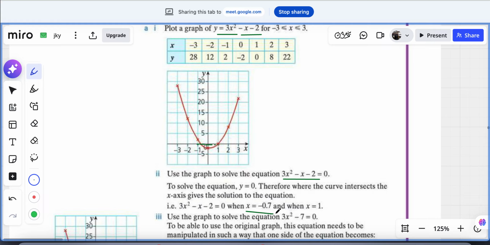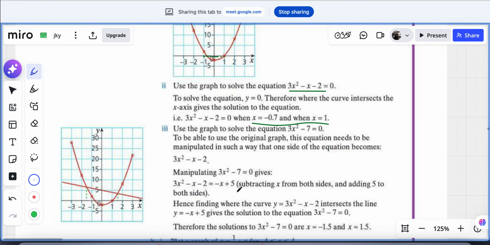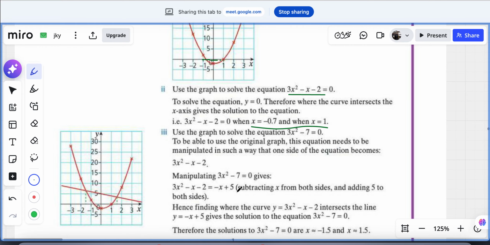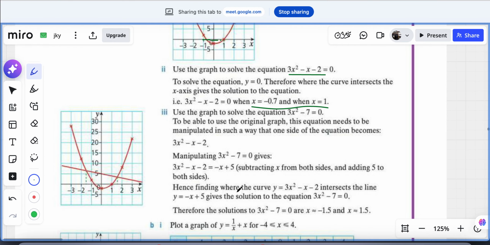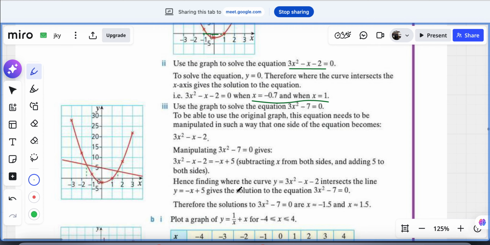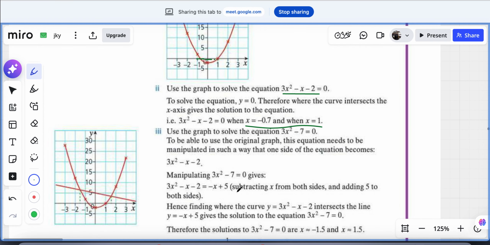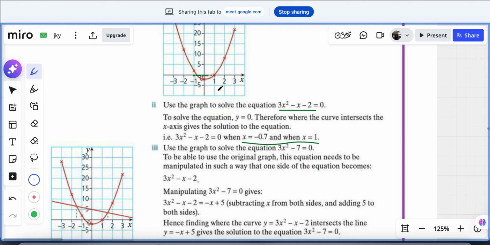It's not up to 1, it's like negative 0.7, right? And then you trace this other one to this place, which is 1. So we get the two values of x, negative 0.7 and 1. Finish. Once we plot the graph, we can easily use it to find the roots of the equation.